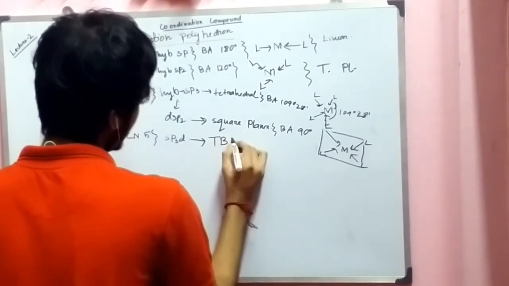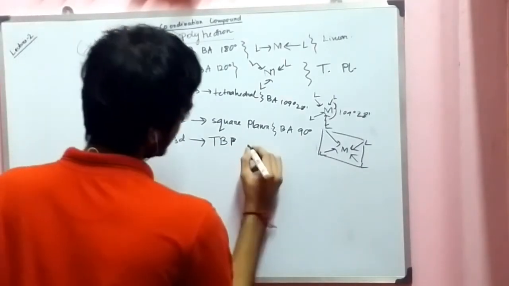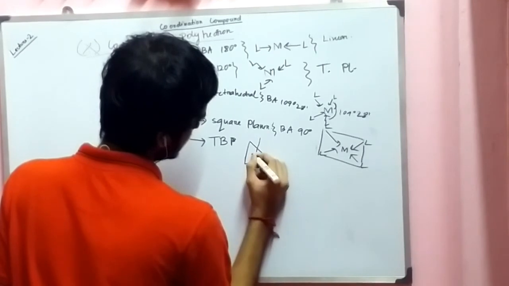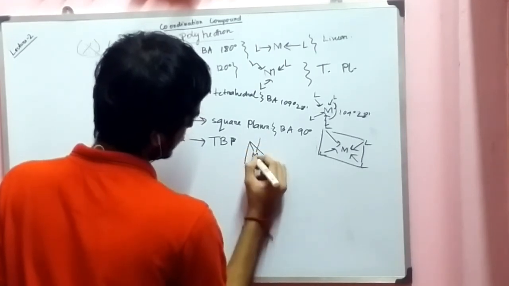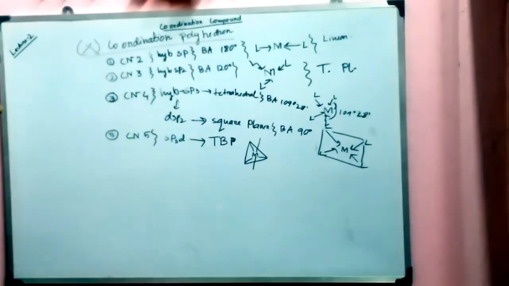You have learned TBP in chemical bonding. TBP is trigonal bipyramidal. The shape looks like this: the metal, and the ligands at the corners, trigonal bipyramidal.